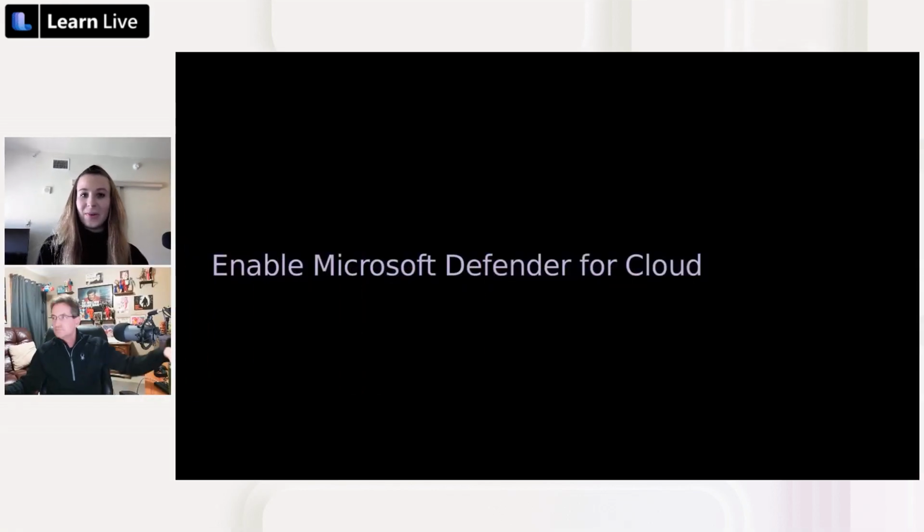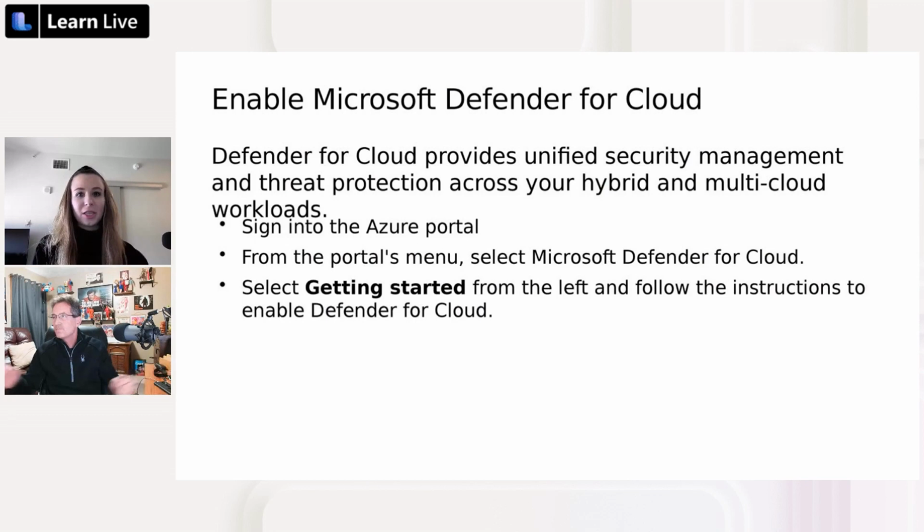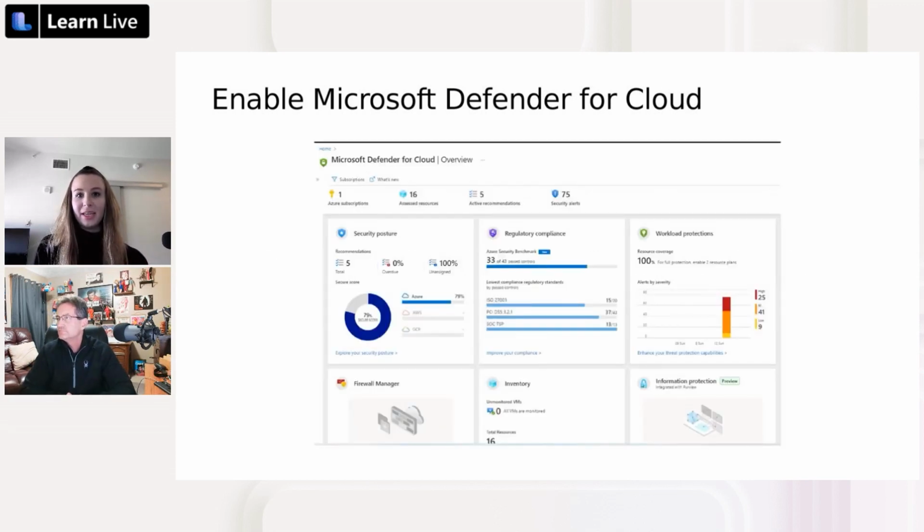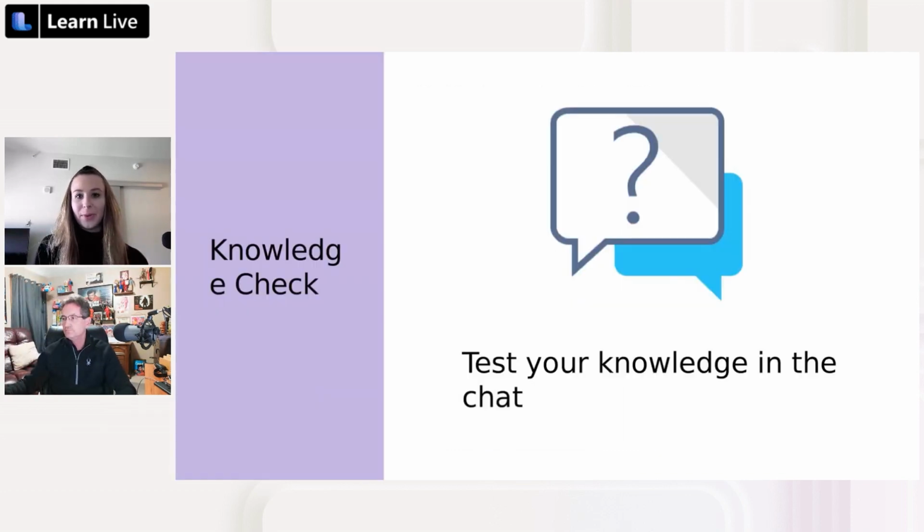All right. So the next module is about enabling Defender for Cloud. Luckily, Rod took us through this, just about going to environment settings, selecting your subscription, if it's already enabled. If not, the Get Started page will walk you through it, and you can easily enable those different plans. For the knowledge check, we have some questions that we want to ask you all.